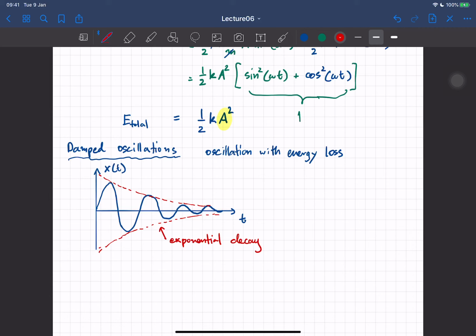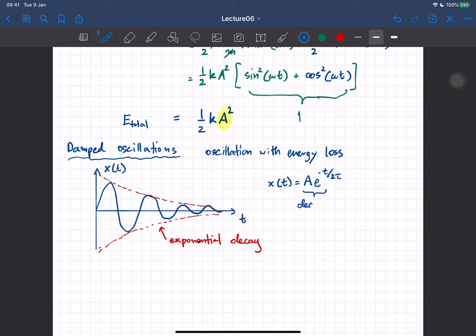Okay, so just for reference, you don't need to remember this. The equation for x of t can be just a normal cosine oscillation or sine oscillation, but with a modification of the amplitude.